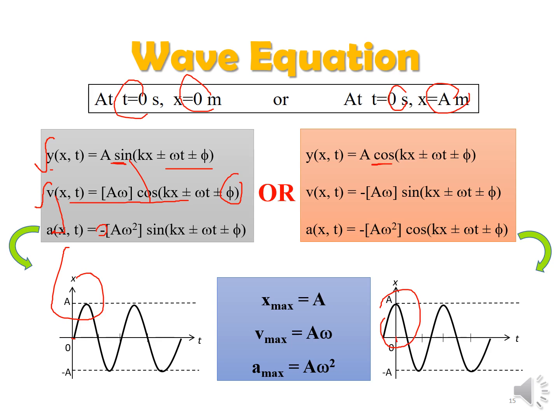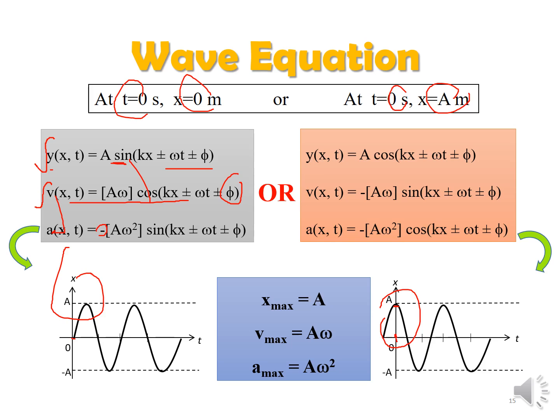So we use the equation y of x and t equals A cos kx plus or minus omega t plus or minus psi.